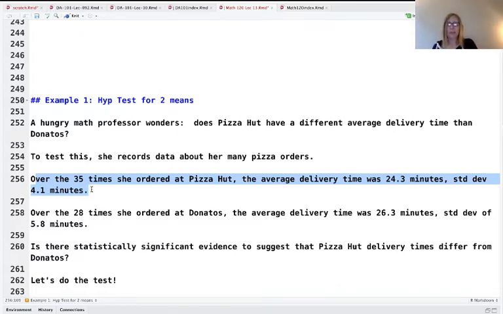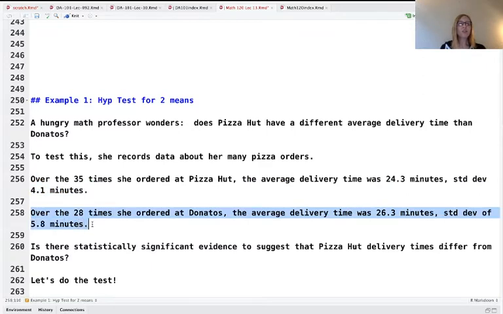That's our first sample. That's sample one. For Donato's, she ordered Donato's 28 times. And from those deliveries, she found out that the average Donato's delivery time was 26.3 minutes with a standard deviation of 5.8.